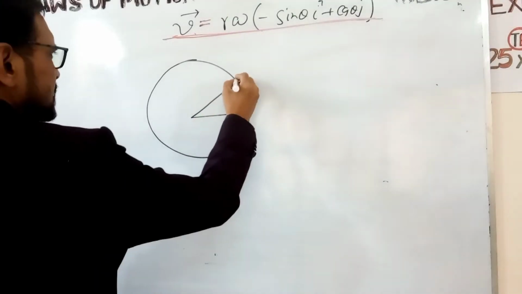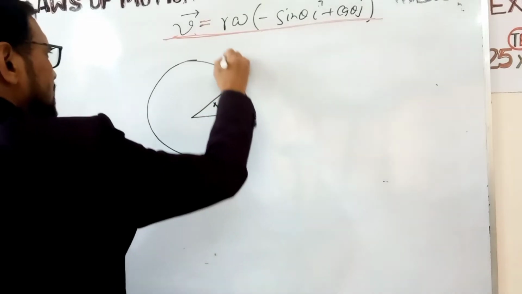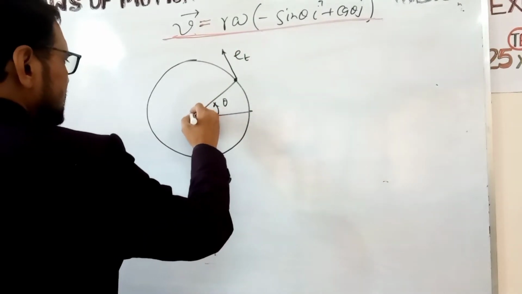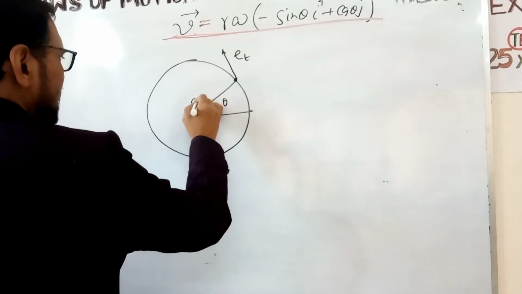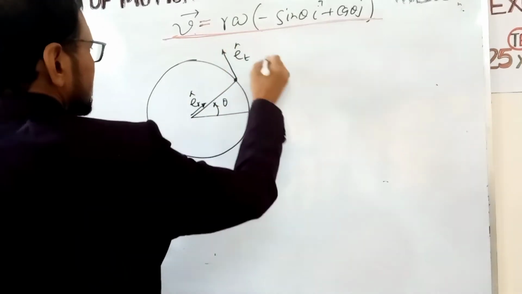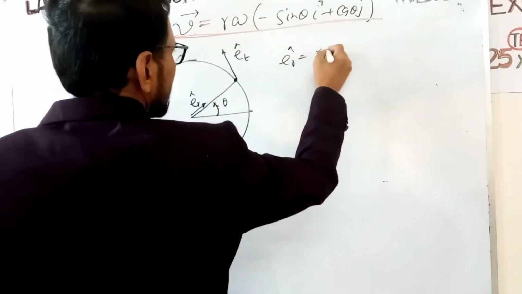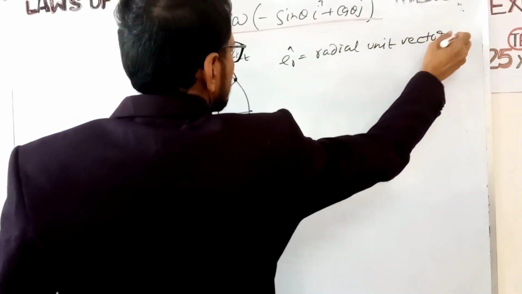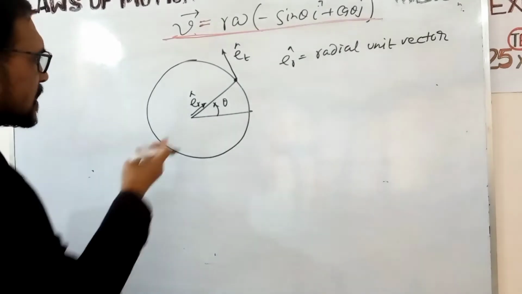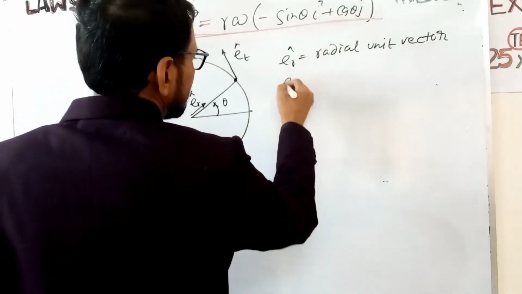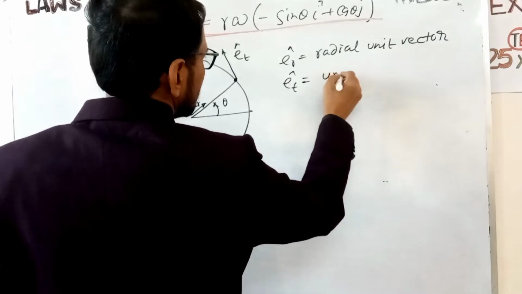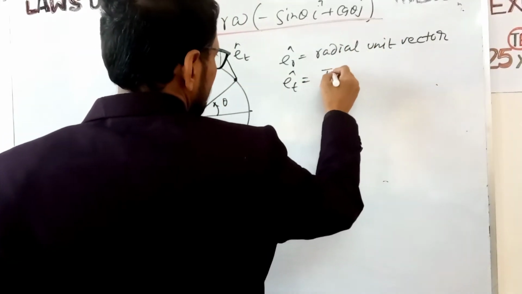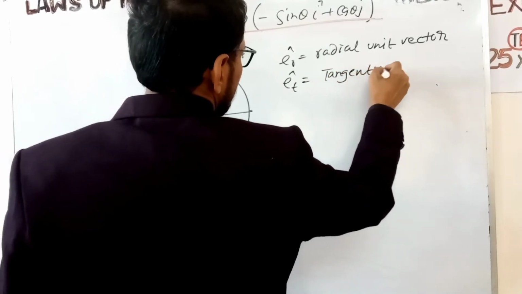Here the particle is at this point. Now consider a unit vector along the tangent and a unit vector along the radius, e_r and e_t. e_r is called the radial unit vector, that is, the vector along this direction, and e_t is called the tangential unit vector.